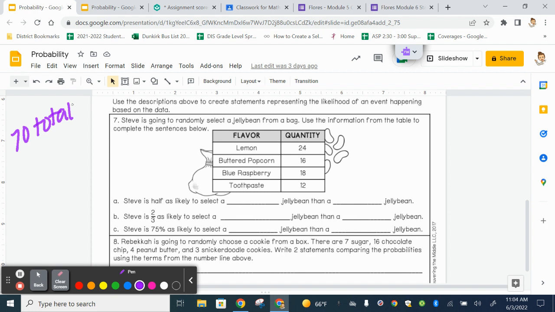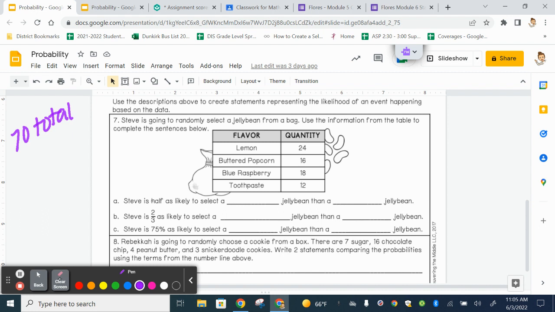So Steve is half as likely to select a what jelly bean than a what jelly bean. All right. So something that would look like it would be half. Well, I see a relationship between my 24 and 12. I know that 12 is half of 24.